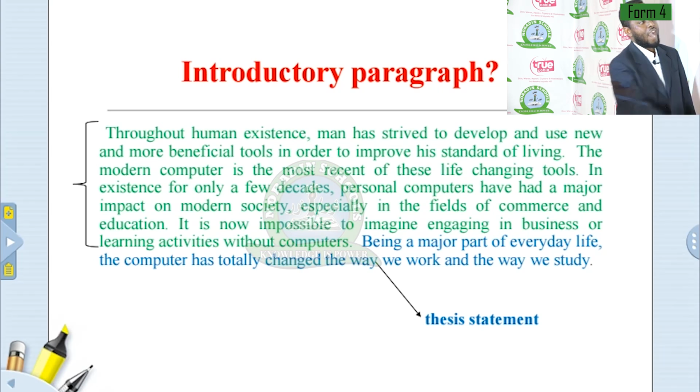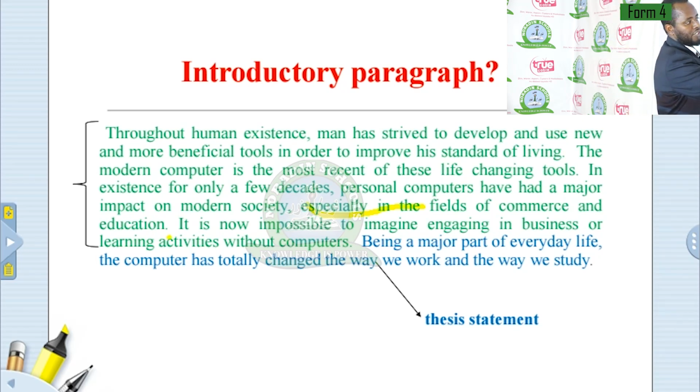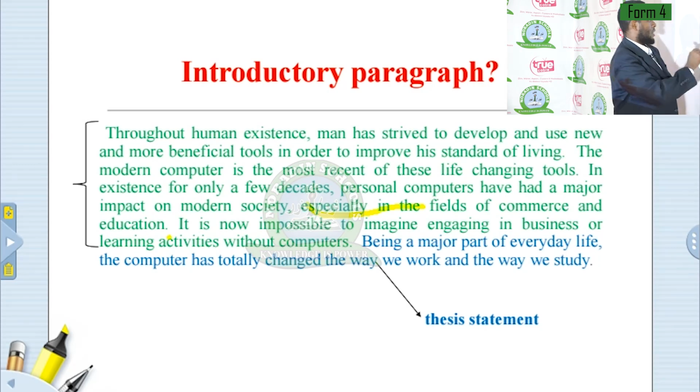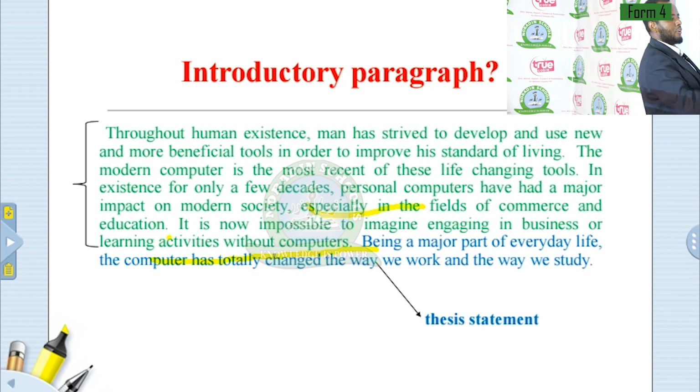Personal computers have a major impact on modern society, especially in the fields of commerce and education. It's now impossible to imagine engaging in business or learning activities without computers.